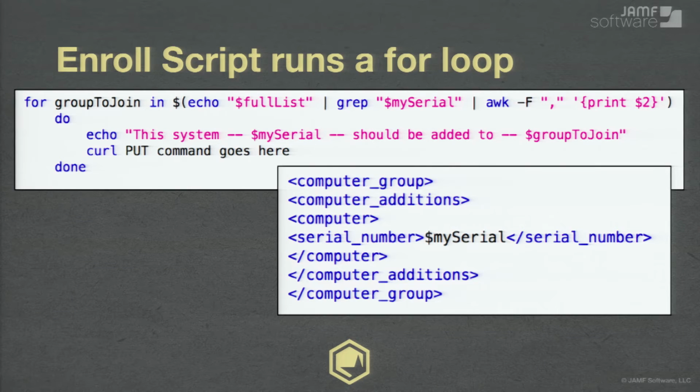For that serial number, is it in one of these groups? If yes, put me in, and then the XML looks like this that actually gets posted. Adding a computer to a static group with the API is actually pretty easy. It's just getting the logic behind it first to know what group to join that's a little bit more tricky.